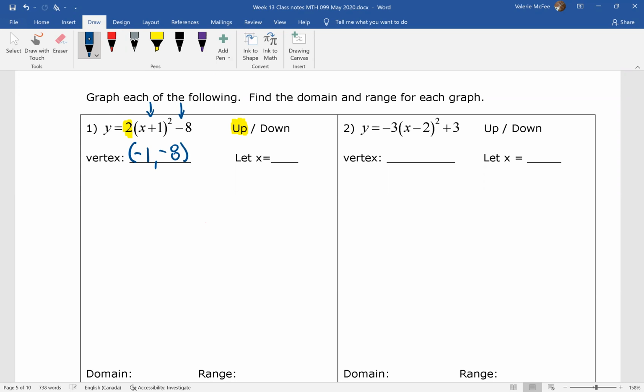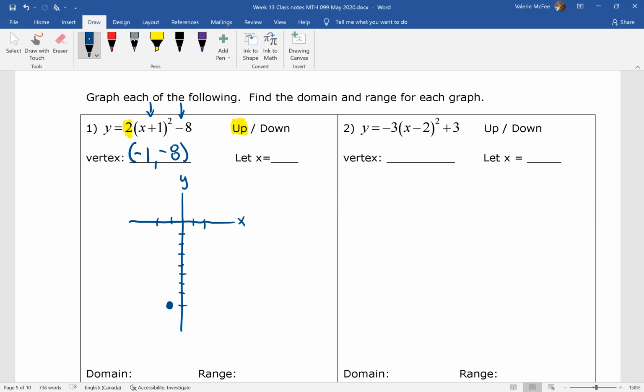So we can put our vertex here at (-1, -8). There's our vertex.